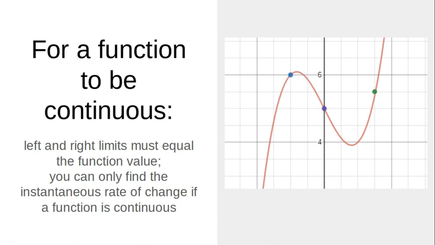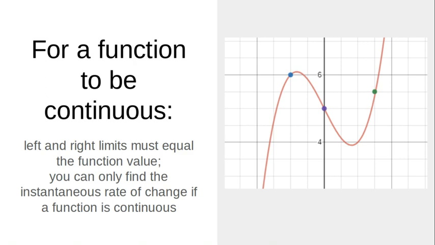Also, you can't have a discontinuity there. You can't be reaching the same point, but then have a dot down here and just a hole here. The definition of continuity is that the left-hand limit and the right-hand limit equal the function value at any given point.